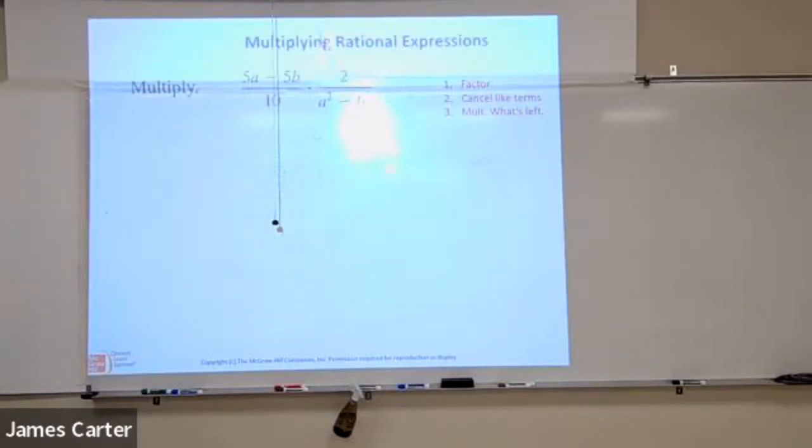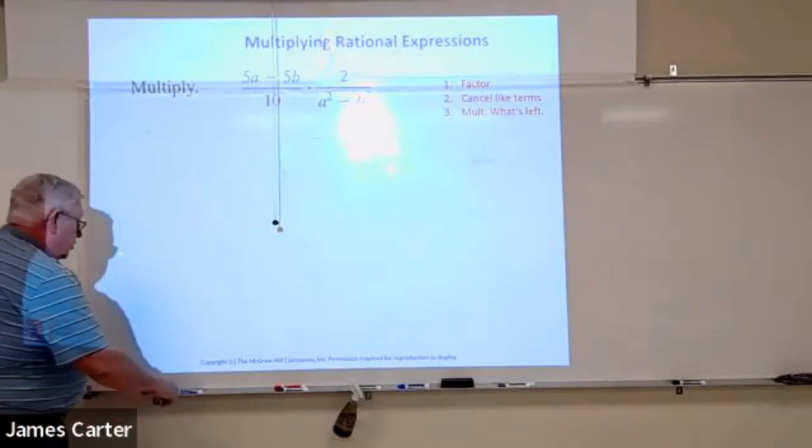So here we've got 2 problems, 2 expressions to multiply times each other. Here are our steps: factor, cancel like terms, multiply what's left. Now, when it's multiplication and division, any numerator can be canceled by any denominator.